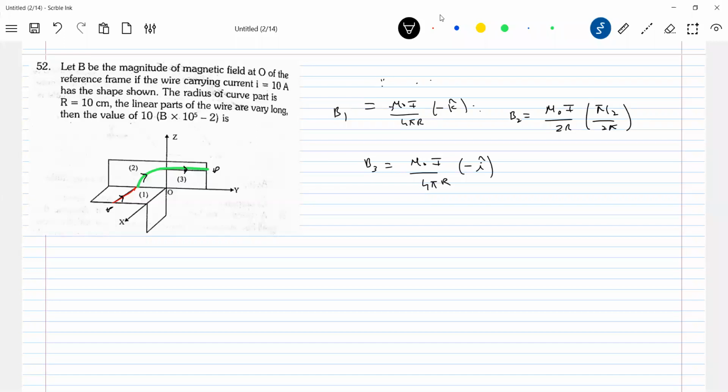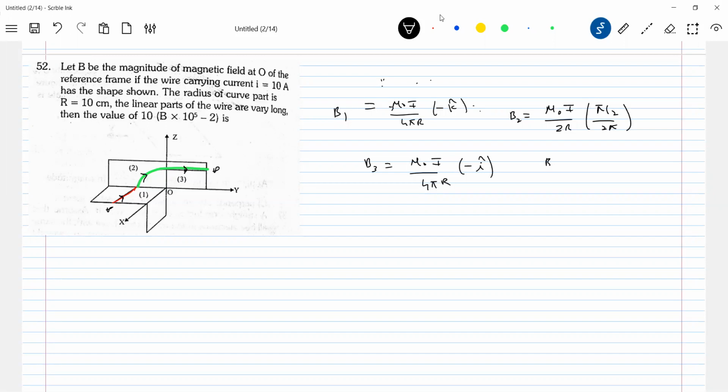Now, what is the direction of B2? It should be directed along the minus x, minus y plane, no? And it will make an angle of 45 degrees here.